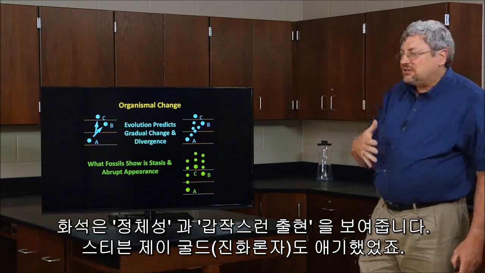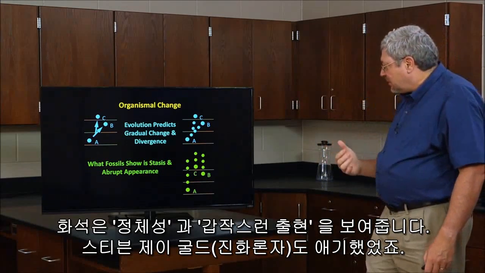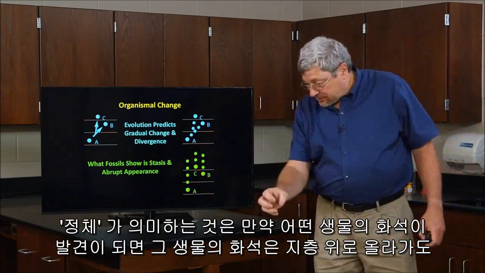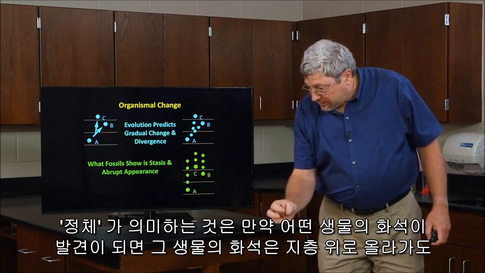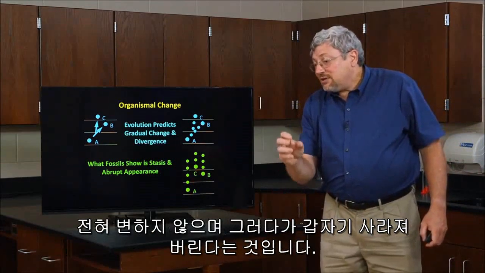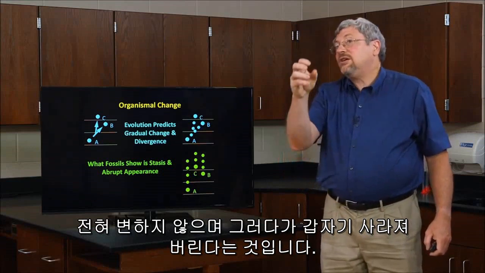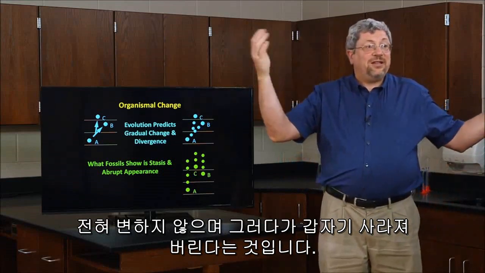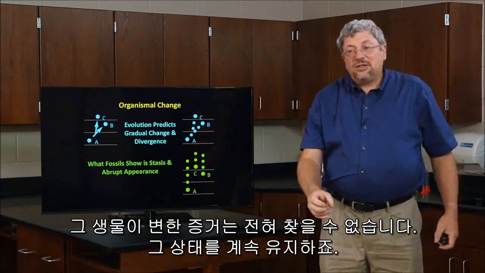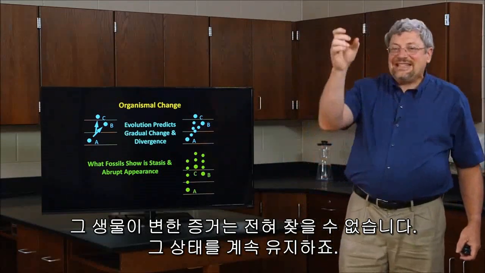Fossils show stasis and abrupt appearance, as Stephen Jay Gould used to describe it. Stasis means that when you find a particular species in the record at one level, the oldest one you've got, it stays the same. You find the same species throughout its entire range, and then it disappears. You don't find the species changing at all. It is in stasis.